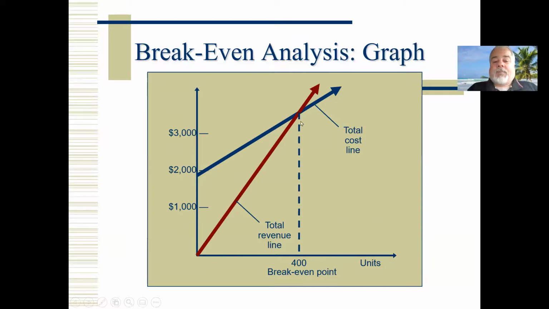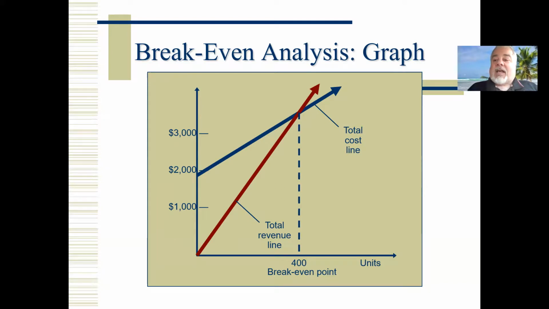Okay? And it's important to understand this. It's important to be able to see this. Your cost should go up at a slower rate than your revenue, or you're losing money no matter what you do. The more you make, the more you lose. You can't have your costs going up faster than your revenue, or the lines will diverge and you'll just be going straight into bankruptcy.